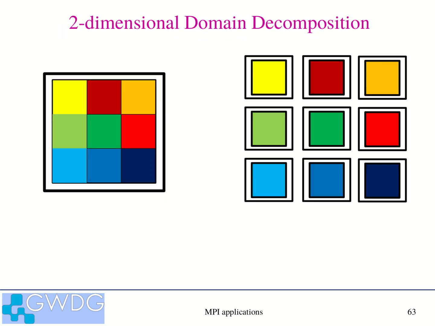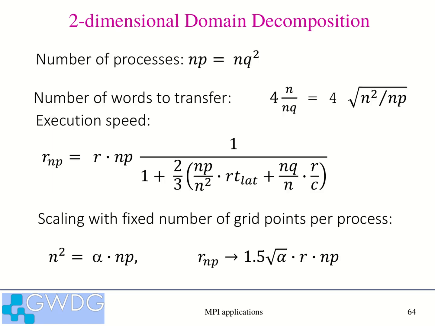The solution would be to use a two-dimensional domain decomposition, because then you see the domains have a boundary not equal to the total length of a strip, but only a smaller one. You can do this two-dimensional decomposition. The analysis would be the same as before.